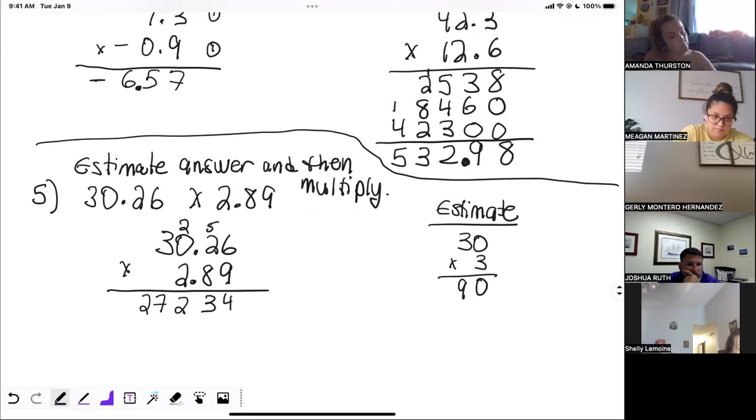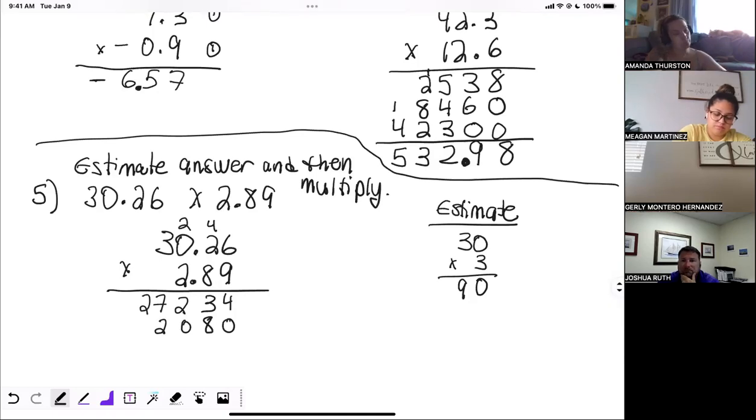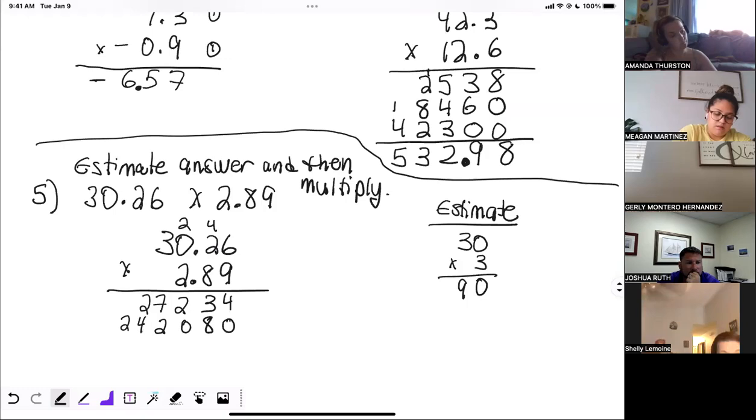And now we're going to do the tens spot, so we're going to add a 0, and we're going to multiply by 8. I'm going to erase my numbers on top. 8 times 6 is 48. 8 times 2 is 16, plus 4 is 20. 8 times 0 is 0, plus 2 is 2. And 8 times 3 is 24.